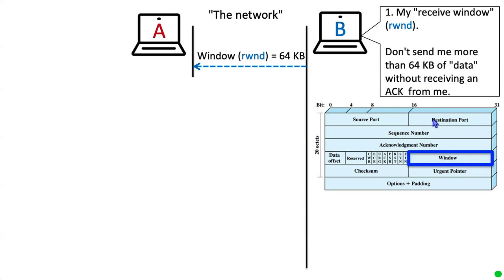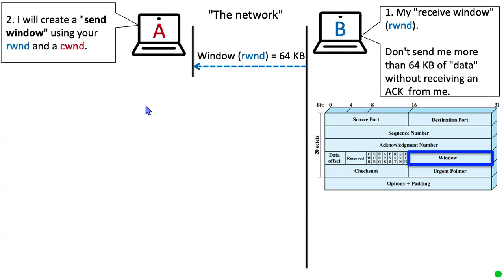In this case, it's setting it at 64,000 bytes, telling PCA, don't send me more than 64,000 bytes of data without receiving an acknowledgement from me. Remember, it's got to stop and wait for the acknowledgement. Of course, sliding windows comes into play with all of this as well.